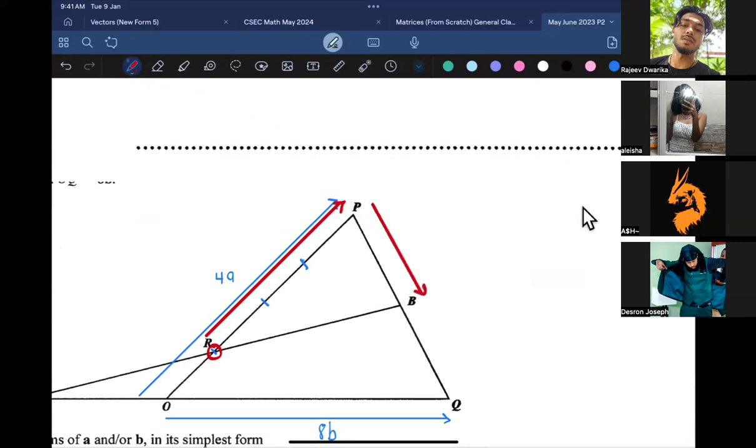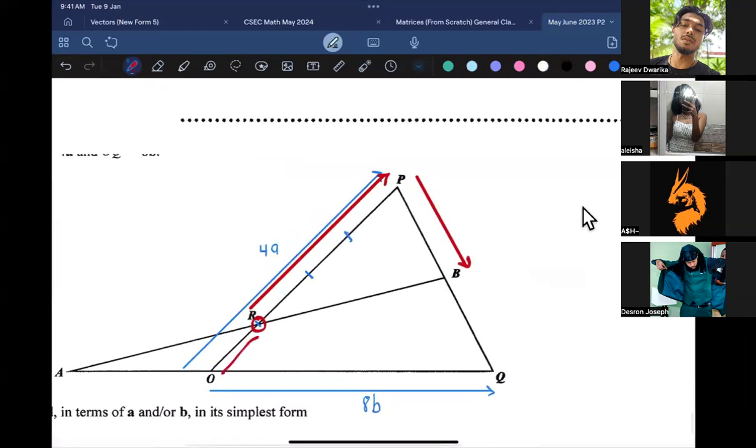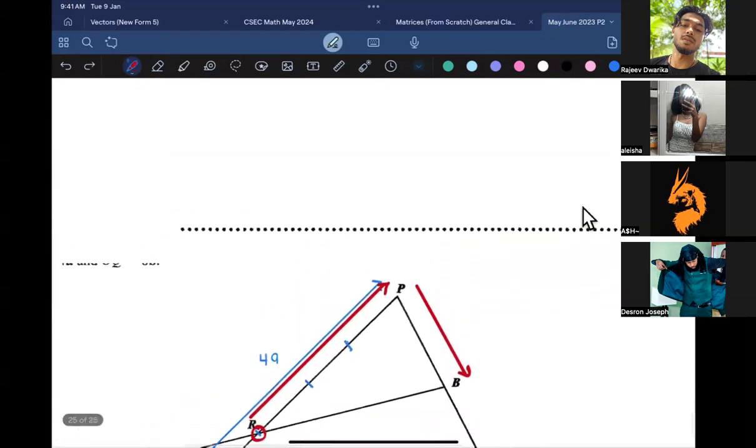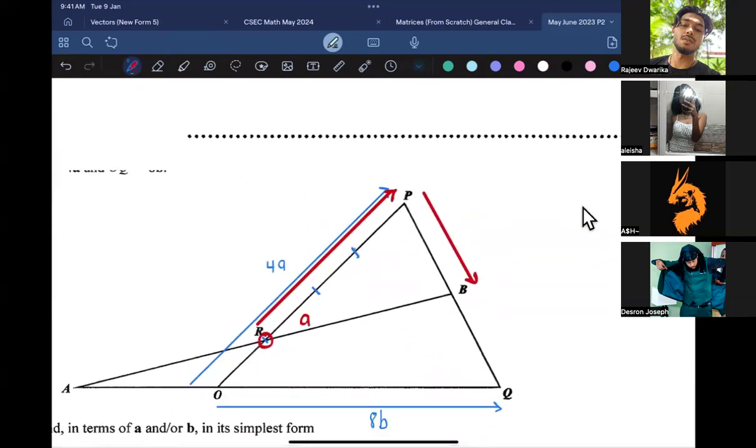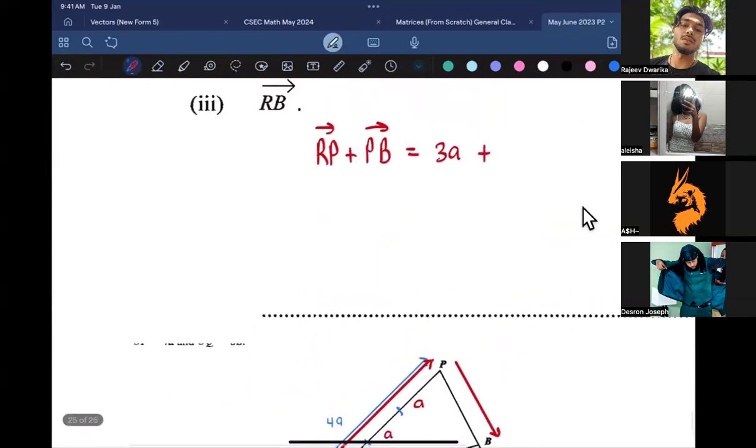Awesome. What is one of these small sections? It is A. So R to P will be 3A. So we found that part already. R to P is 3A.